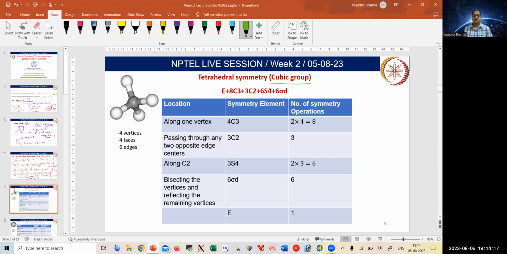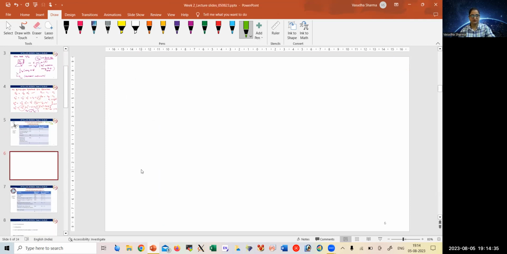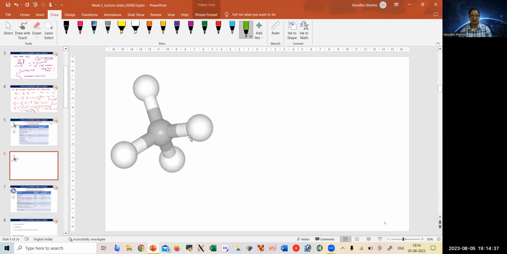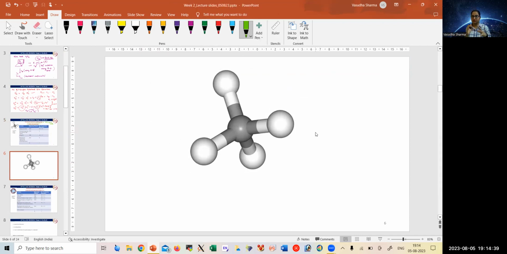Here you can see, we know that 24 symmetry elements are present in tetrahedral symmetry, and these are the elements present in it. The structure that I have drawn is the methane molecule, which has a tetrahedral symmetry.